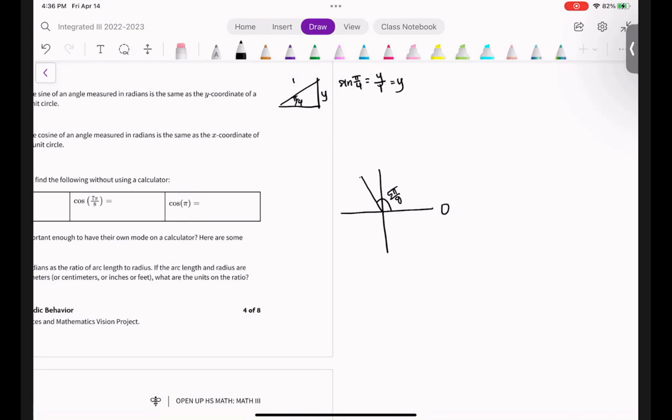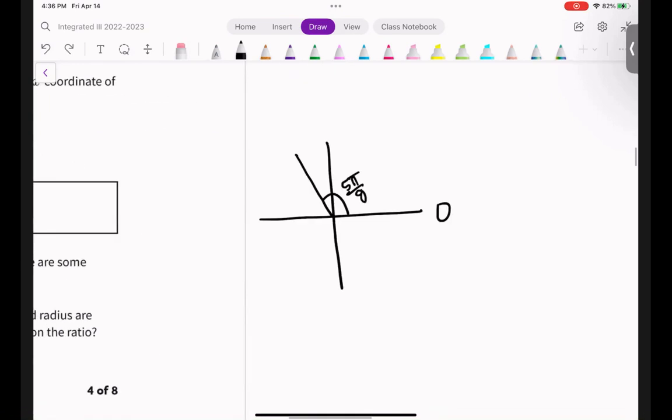So again, you're drawing this whole right triangle, where this is going to be y and this is going to be x, and you know your radius is 1. If I'm looking for the sine of this angle, it's going to be this y coordinate here.